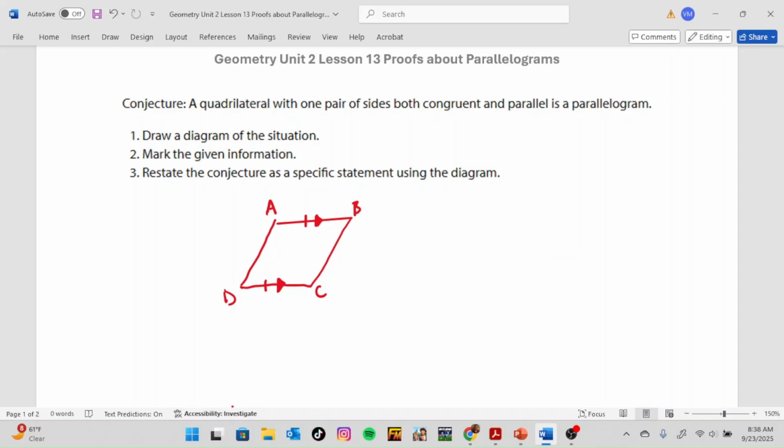Now they want us to restate the conjecture that they gave us at the top, but they want us to do it as a specific statement using the diagram.